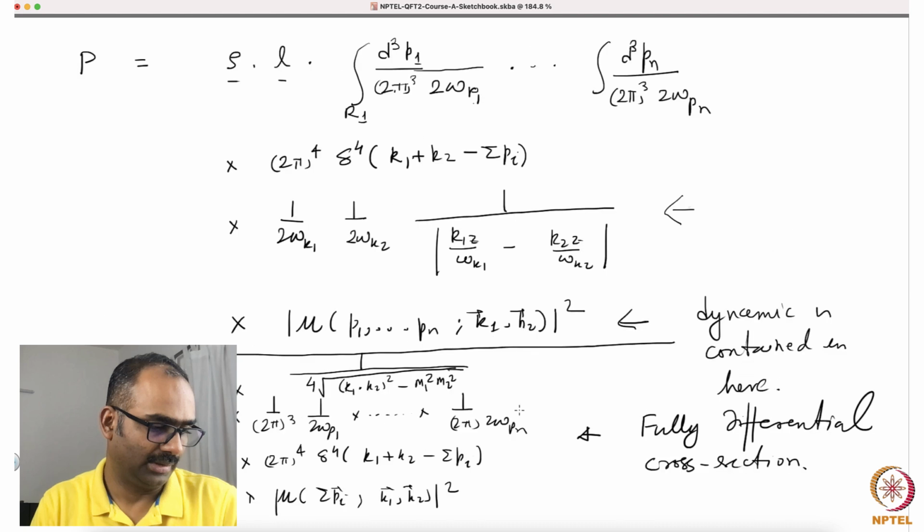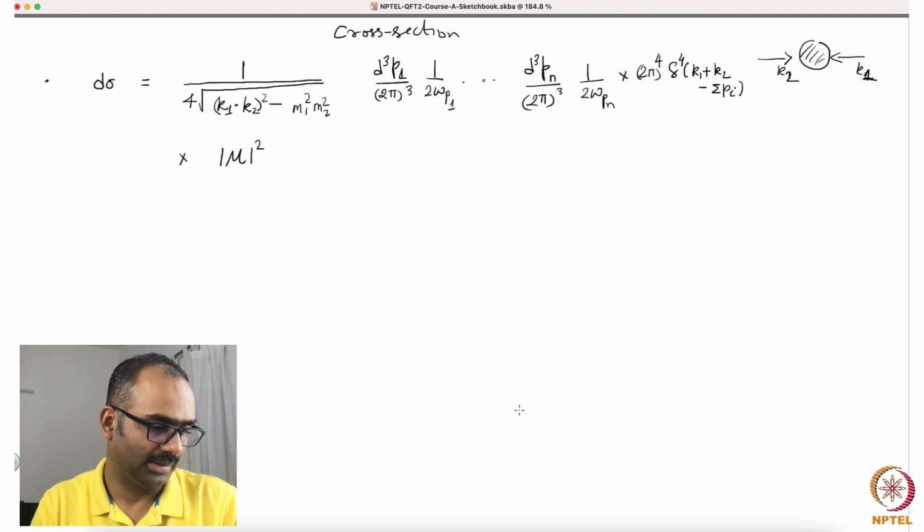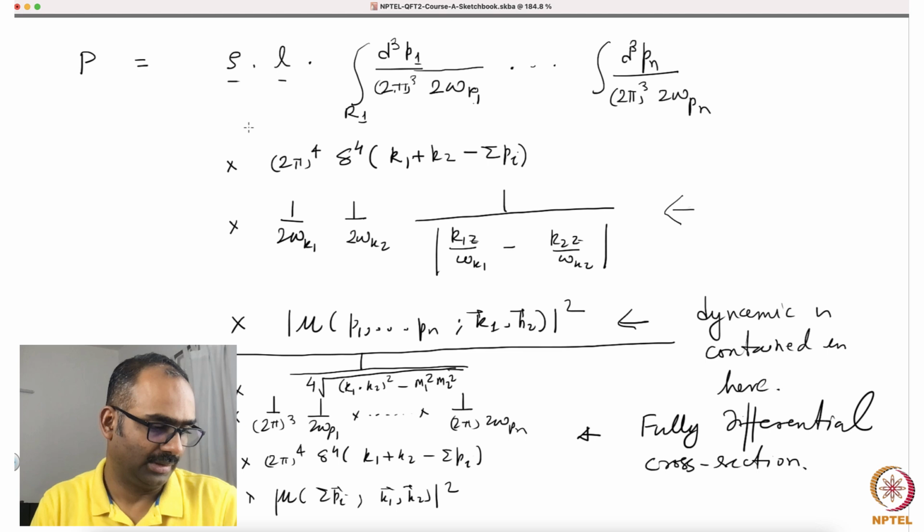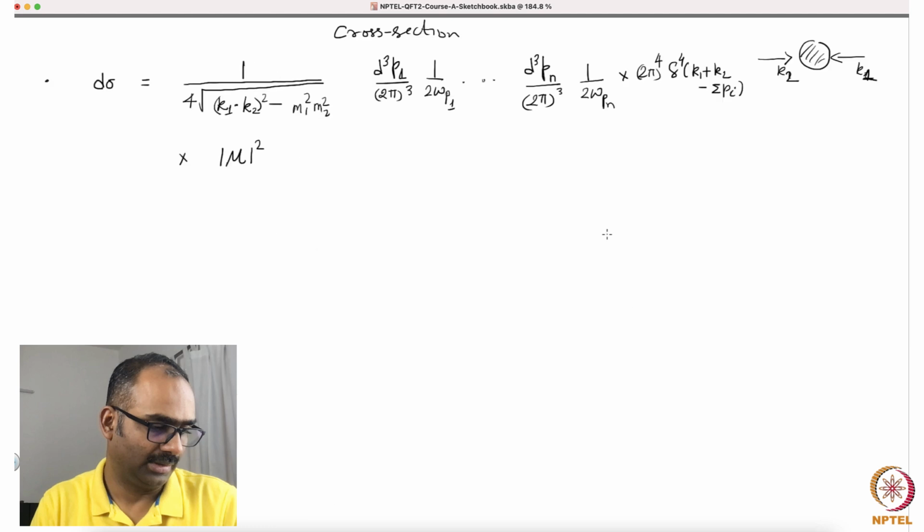Also, some names I want to tell. Look at this factor. This factor has come from this line here. Of course this is not a Lorentz invariant quantity, but what you see in this line is boost invariant along the z direction. If you do a boost only along the z direction, it doesn't change.